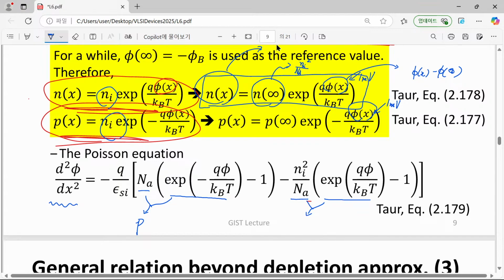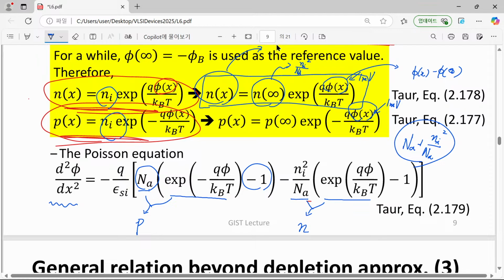This is nothing but the electron density. And you have the remaining terms, Na, and this one corresponds to the acceptor density.